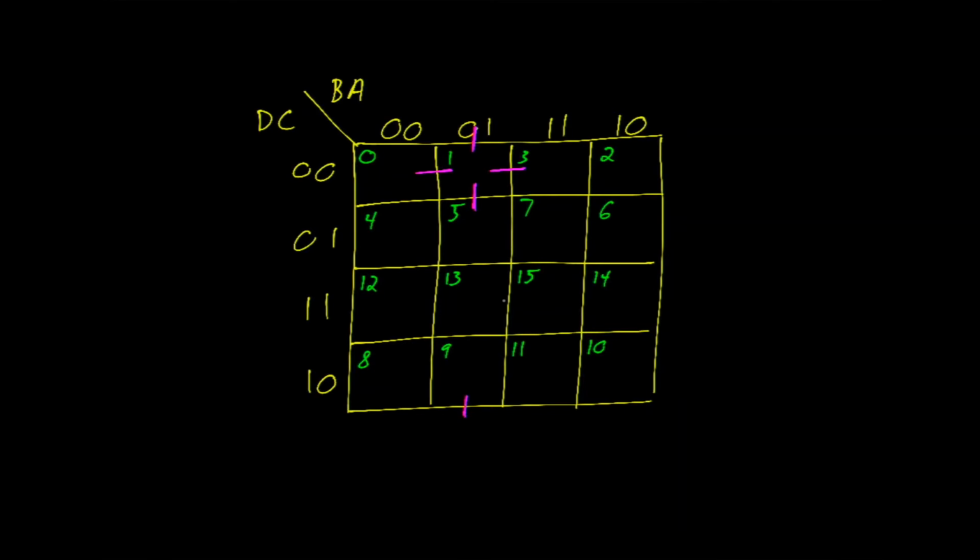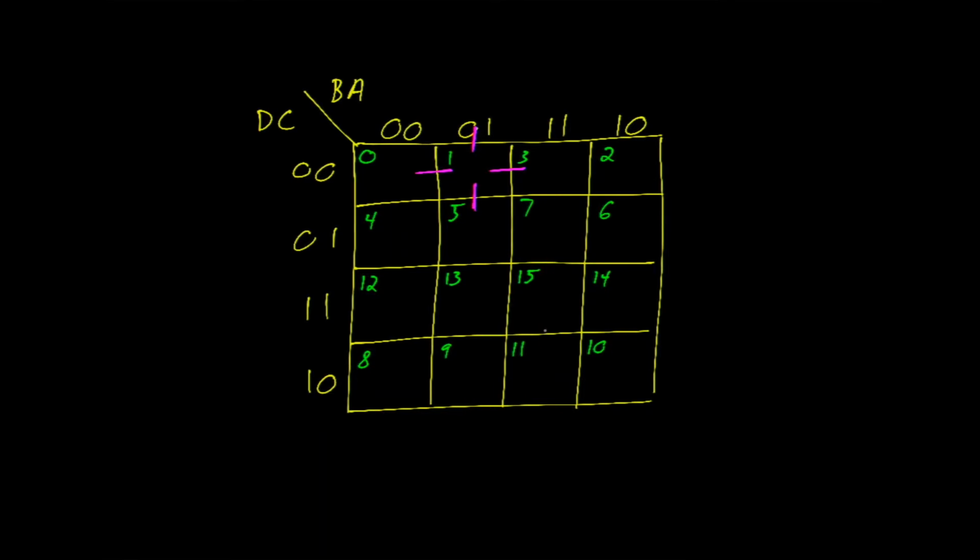The same argument could be made for minterm 15. There's a single bit change across those cells, a single bit change between these adjacent cells, here again, and a single bit between 15 and 11.